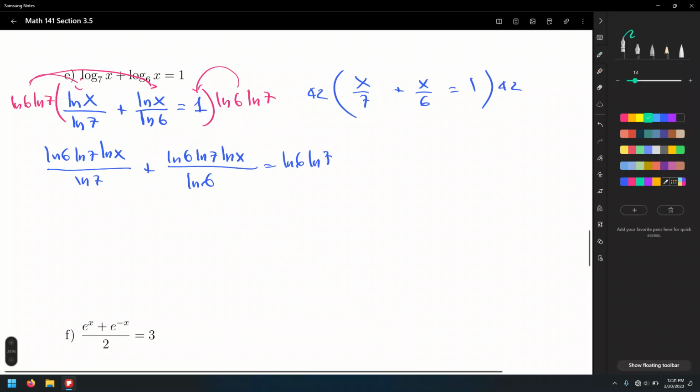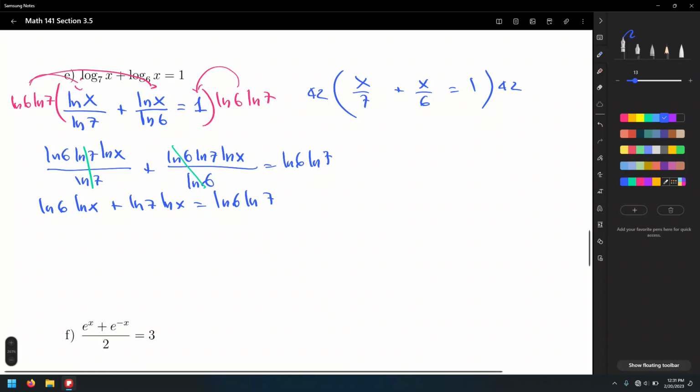All right. So let's cancel or divide out common factors. On the first term, for example, we can divide out those two ln's of 7. On the second term, we can divide out those ln's of 6. And that's going to leave us with the following. ln of 6 ln of x plus ln of 7 ln of x equals ln of 6 ln of 7.